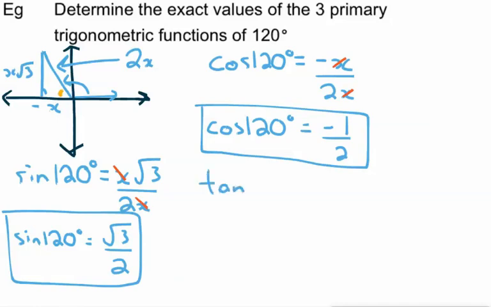Finally, moving on to tangent. Tangent being opposite over adjacent, opposite x root 3, adjacent negative x. Cancel some x's.